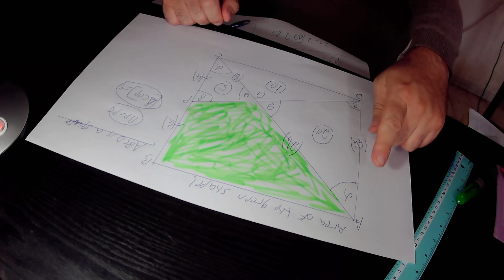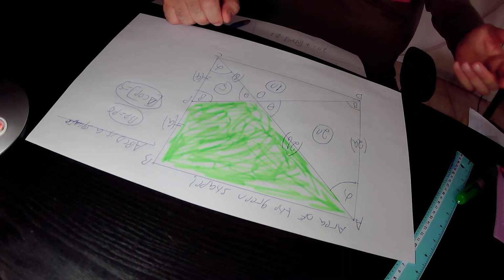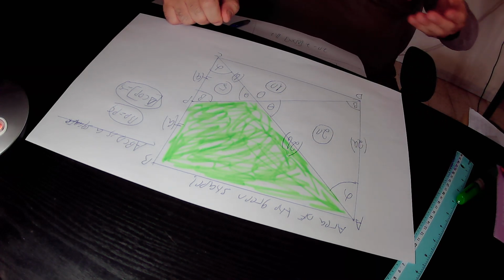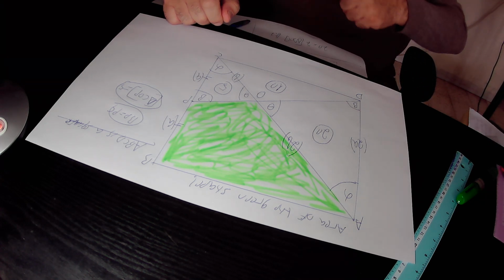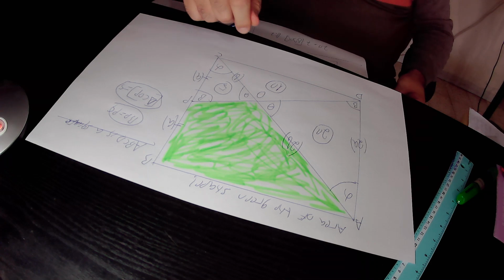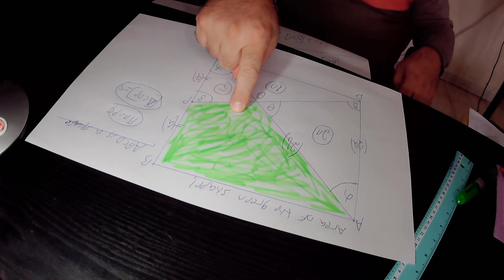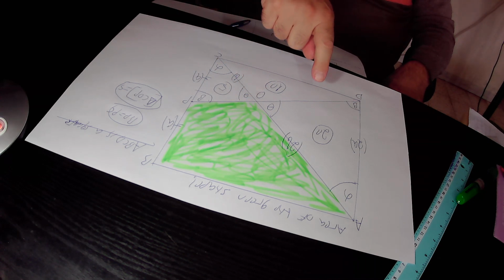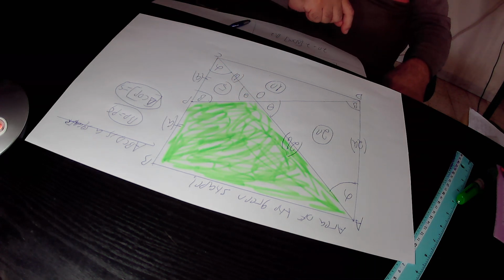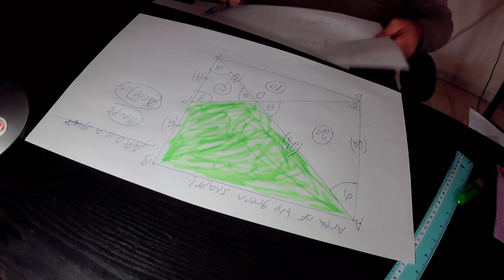And finally, side AC is a common side that belongs to both triangles, so we can write down that AC equals itself, a common side that belongs to both triangles. So in total, we found out that the right triangle ABC is congruent to the right triangle ADC according to the side rule. So I write it down.